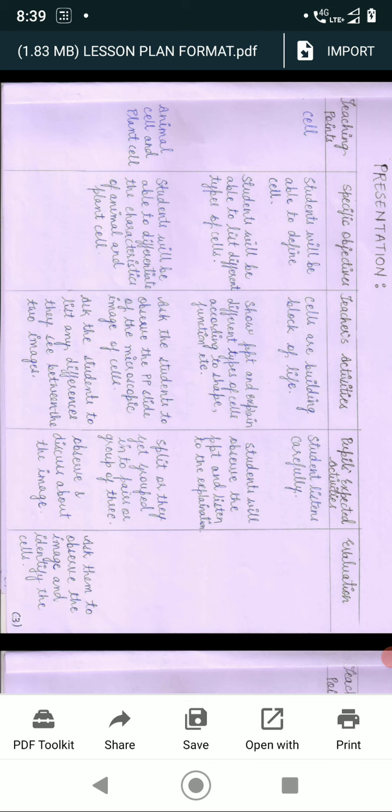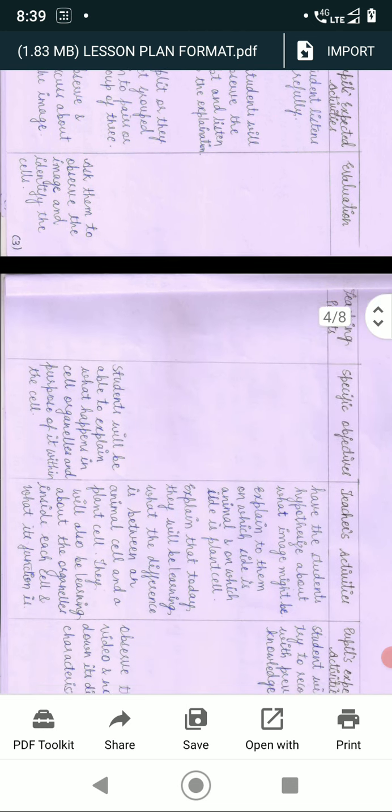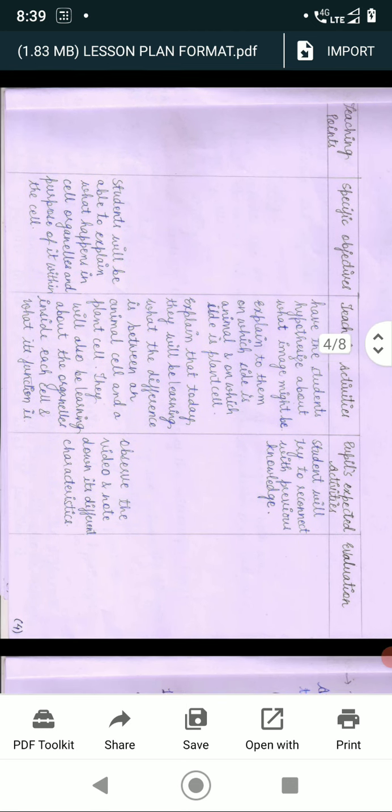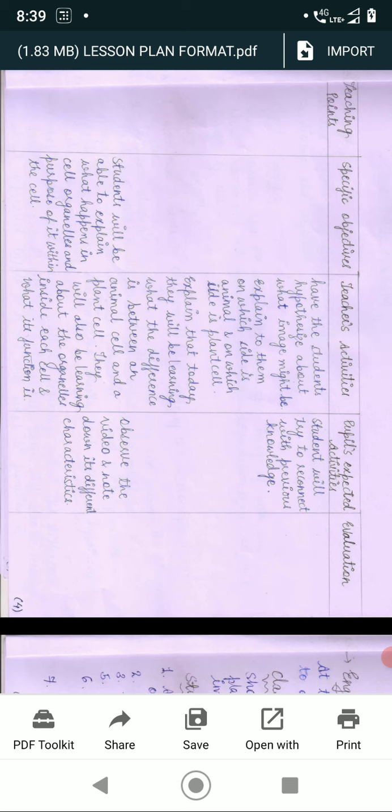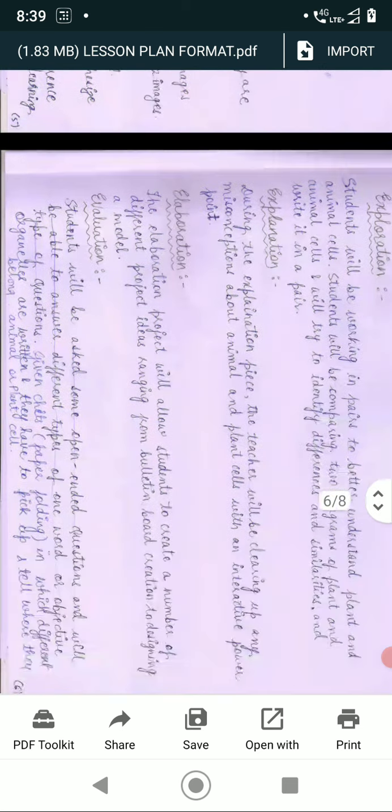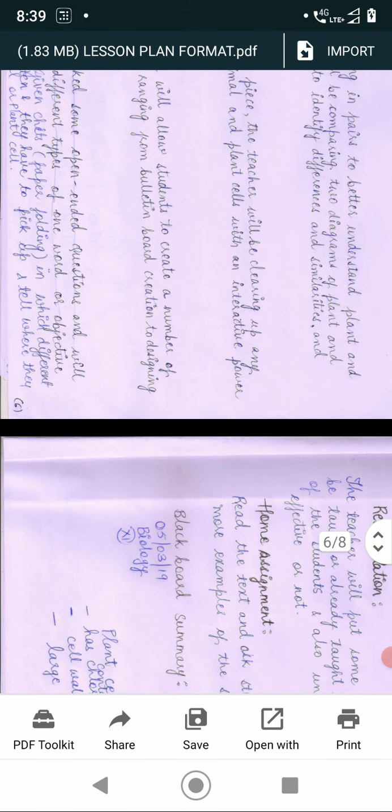It is not important to evaluate at the starting. We can evaluate in the next points also by asking them a few questions or testing their knowledge. Here also we have continued with the same teaching points, specific objective, teacher's activity, pupils' expected activity and evaluation. Alright, so here we have seen some points of the constructivism.